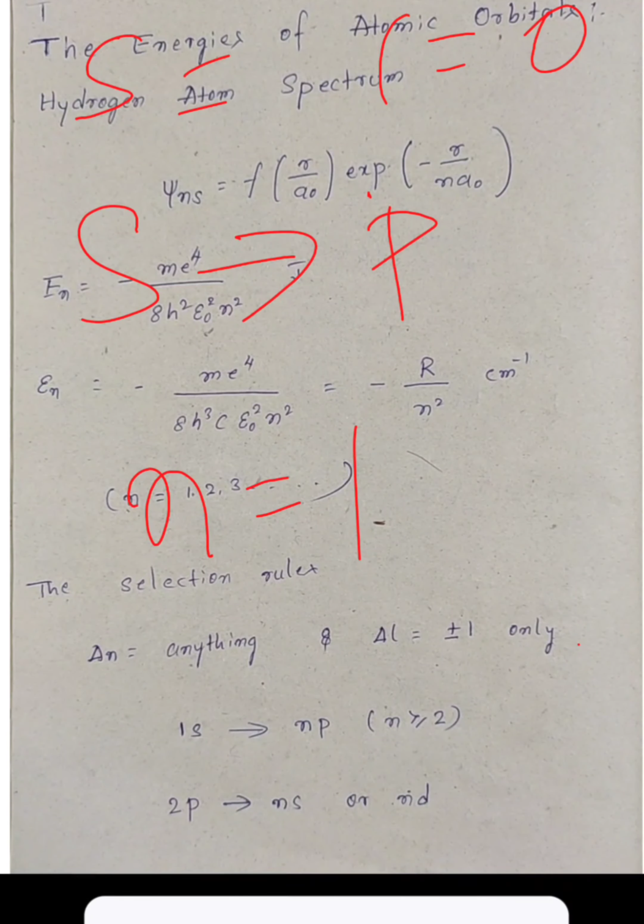You already know from the previous classes that small l is not equal to n. So only the S shell is present in the ground state, and P is not present in the ground state. That's why n must be greater than or equal to 2.